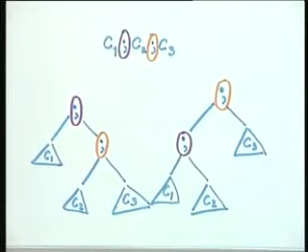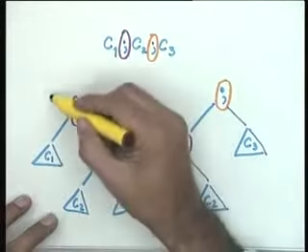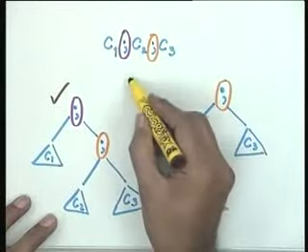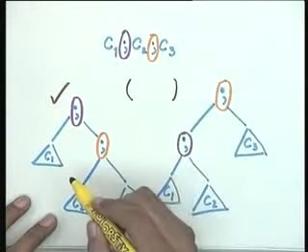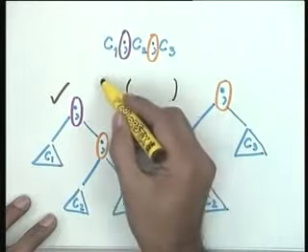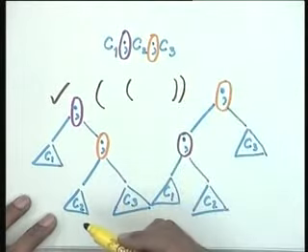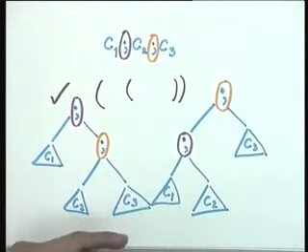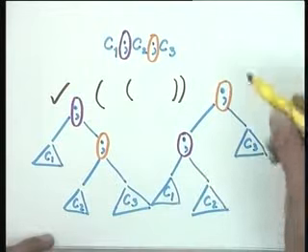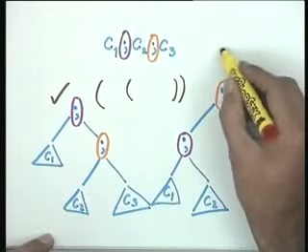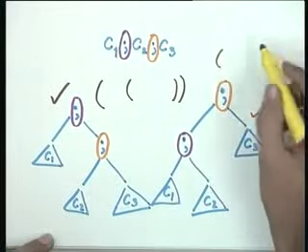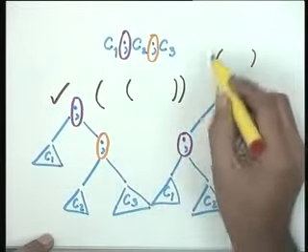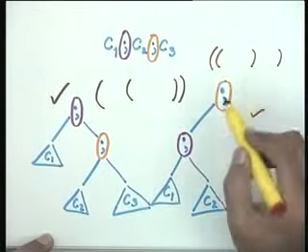So this tree, for example, corresponds to the bracketing where you have C2 and C3 bracketed inside and C1 outside, and this tree corresponds to the case where you have C1 and C2 bracketed inside and then C3 outside, right?